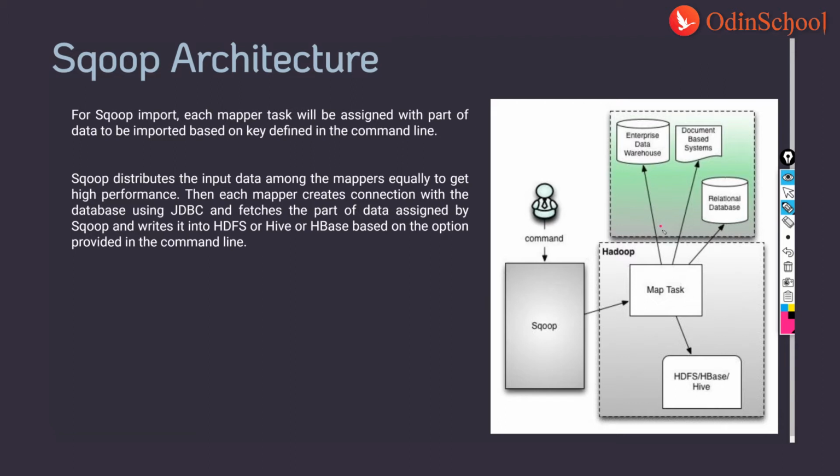Each mapper will create a connection with whichever system you have specified in the command line using the JDBC driver. For each and every RDBMS there would be a different JDBC driver, and it will write the data to HDFS, Hive, or HBase, whatever you specify.